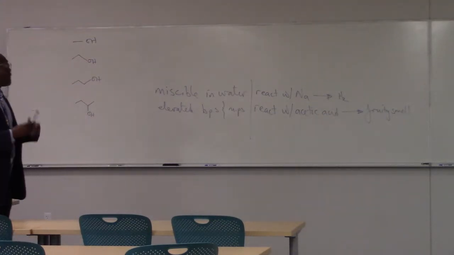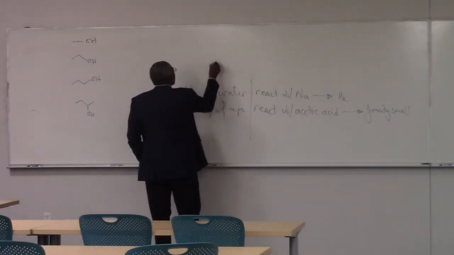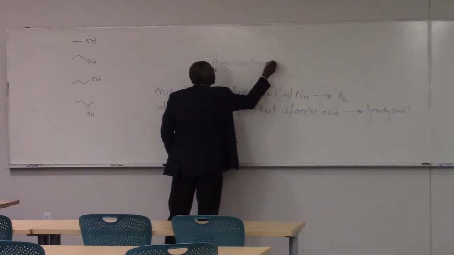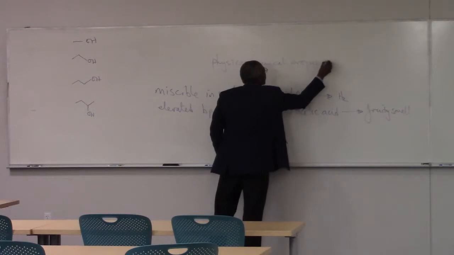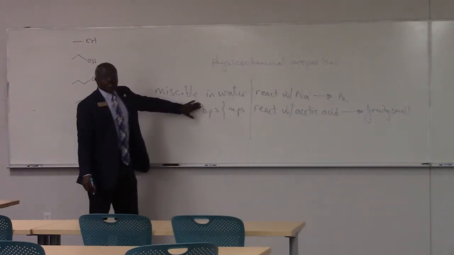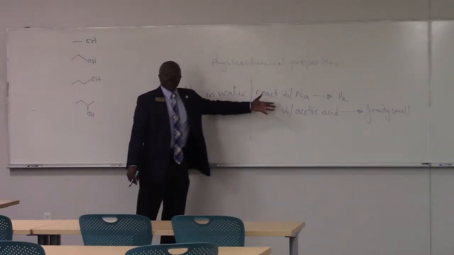So we say that they're physico-chemical properties that are similar. So I've put some physical properties here, and there's several others. I've put some chemical properties here, and there's several others.